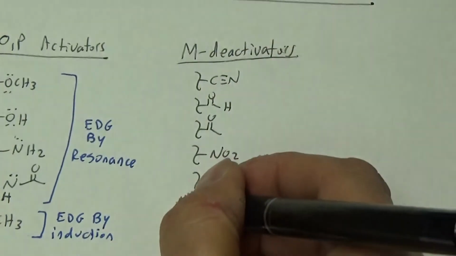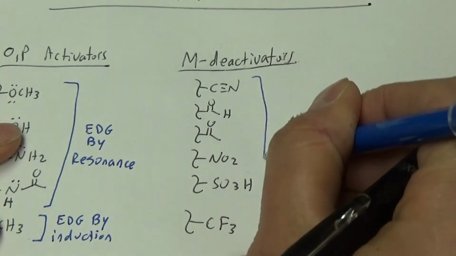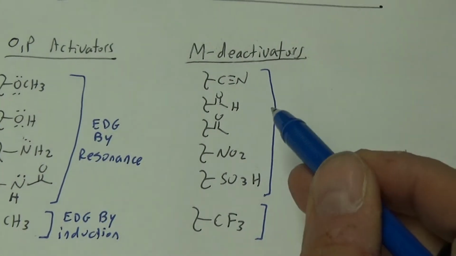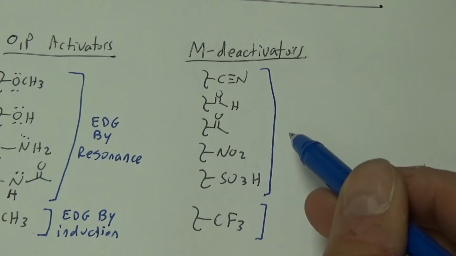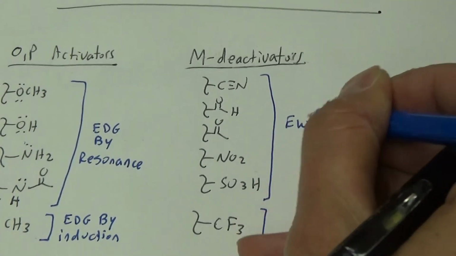And then we have the other one, which is CF3. And we'd say the same kind of thing. Okay, so these are all electron withdrawing groups by resonance. And that explains everything.